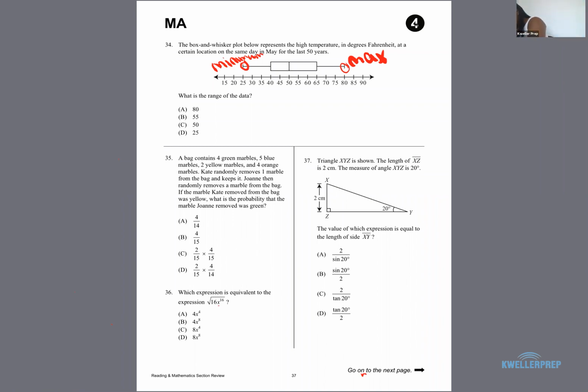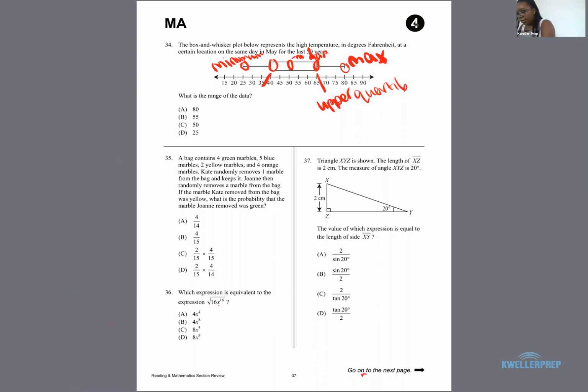This center line right here is the median of the data. This line here is the upper quartile. And this value here is the lower quartile. So an upper quartile is the median of the top half of the data set, like the higher values of the data.